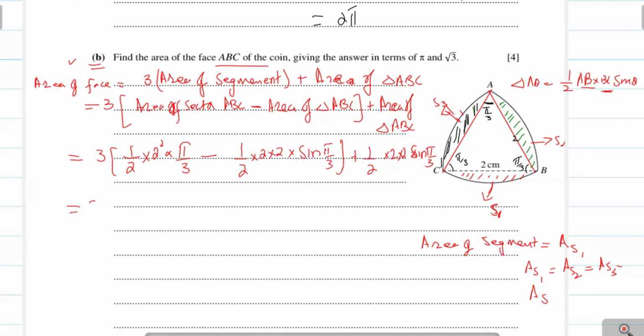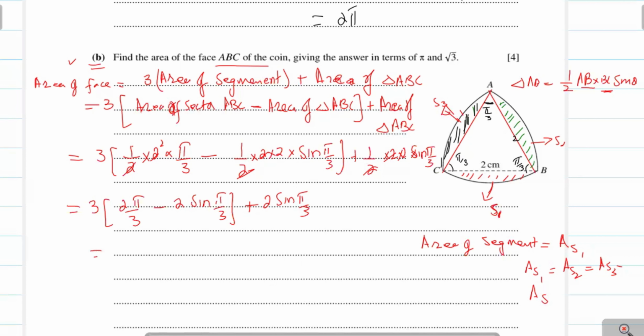Now we can write it as 3 into 2 pi over 3 minus 2 sine pi over 3 plus 2 sine pi over 3.